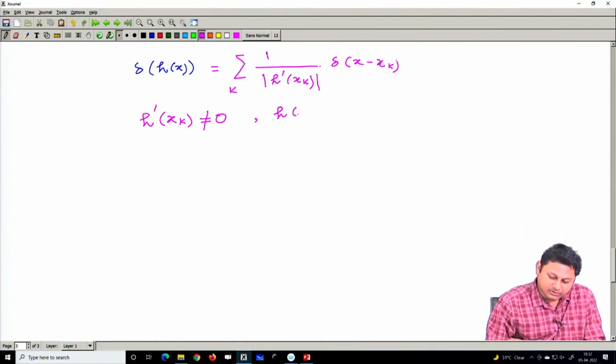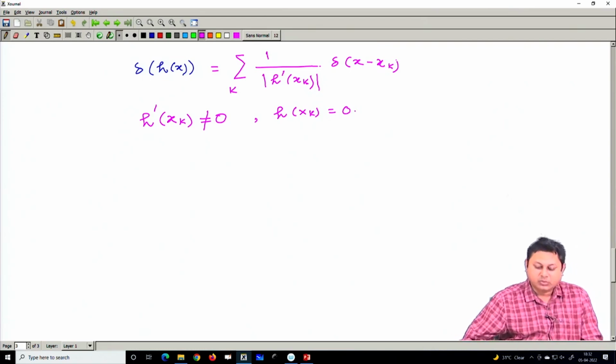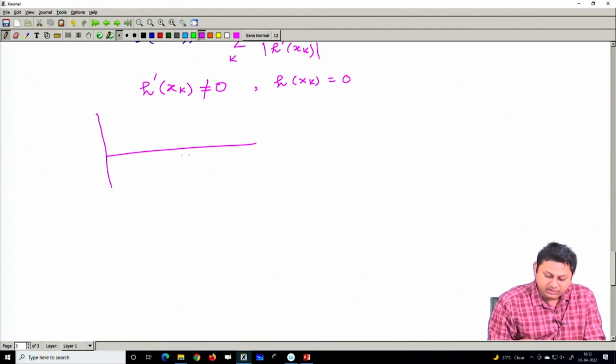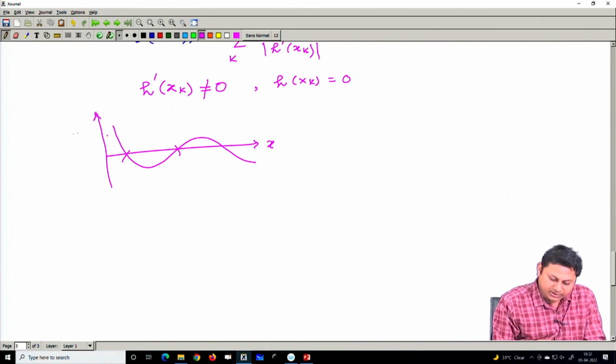Since x k is a root, we have h of x k equal to 0, because this is a root. So, we can have a function, if I consider this function h, a polynomial kind of function having multiple zeros. So, I am plotting x here, and on this side I am plotting h, which is a function of x, and try to find out this quantity delta.